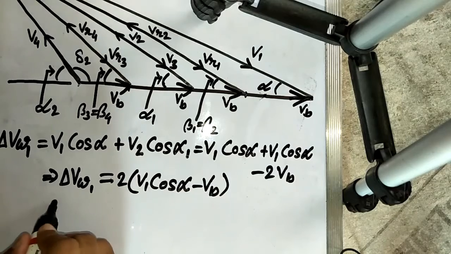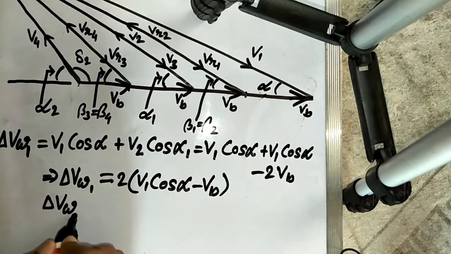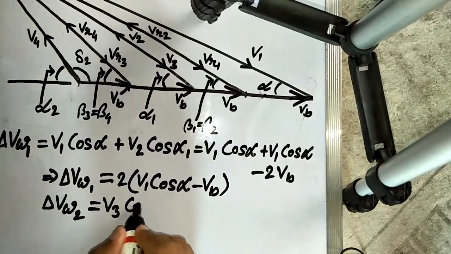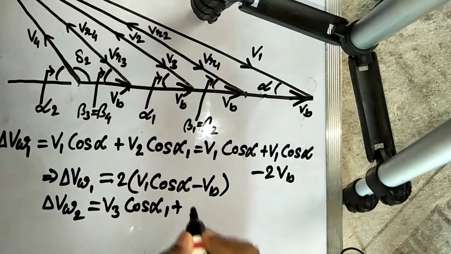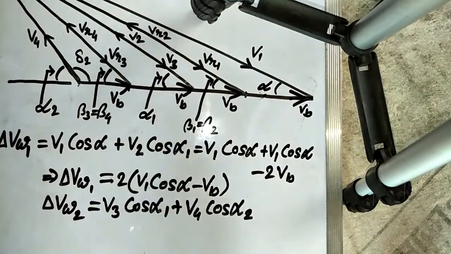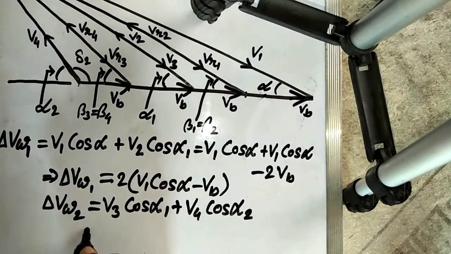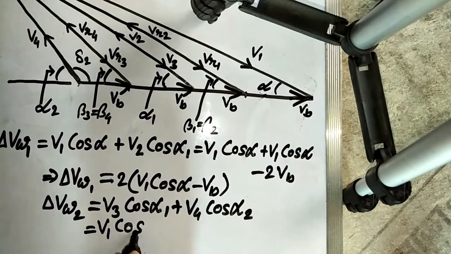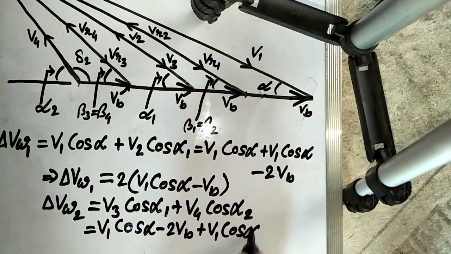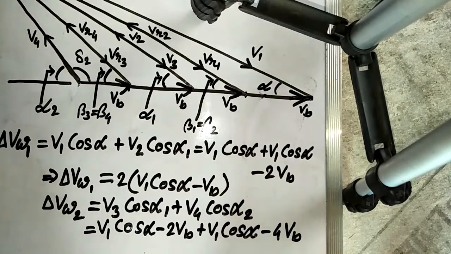Now the value of Δv_ω2. Δv_ω2 is equal to V3 cos alpha 1 plus V4 cos alpha 2, that is equal to V1 cos alpha minus 2 into vb plus V1 cos alpha minus 4 into vb.